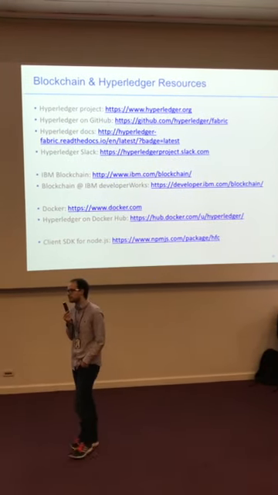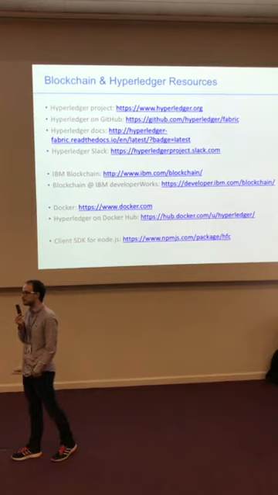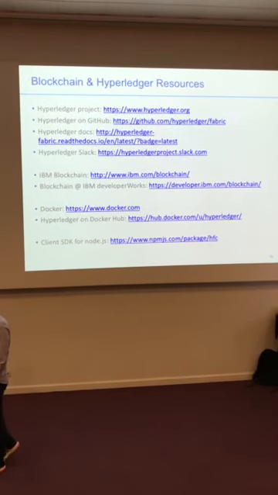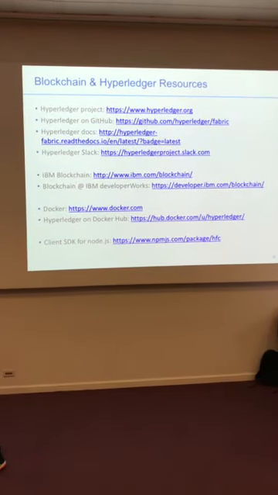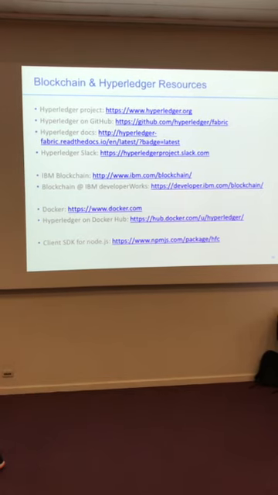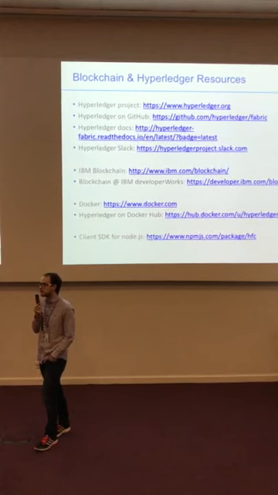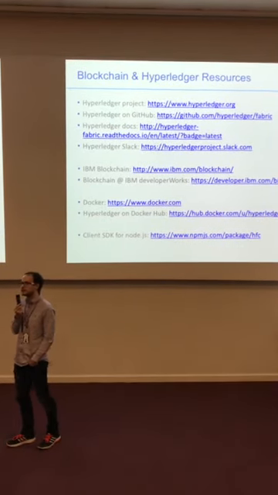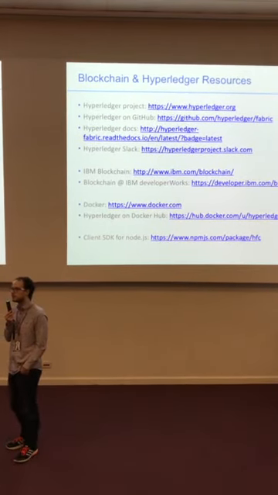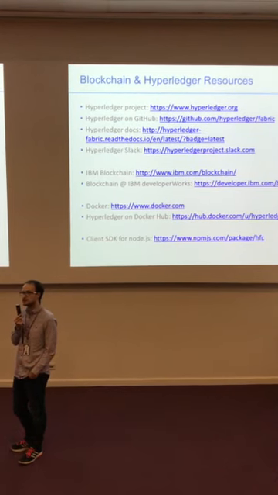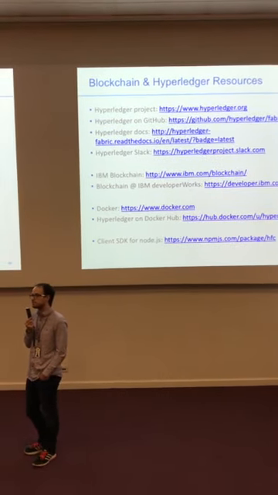Just a basic admin question. The Hyperledger Slack has got the Slack details. Or how would someone get invited onto that Hyperledger Slack? The Hyperledger Slack should be public. You can just search for it on Slack. Hyperledger projects public. And then there's lots of channels underneath it for all the components.